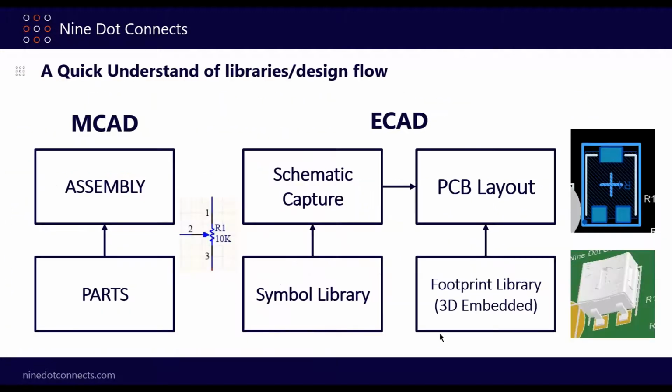Okay. Now, the reason I put this slide over here is for those who are in the MCAD world to understand the craziness that we deal with here on the electrical side of things. The mechanical folks really have it easy. And when I'm talking about easy, I mean their flow is easier, not that what they do isn't really amazing.